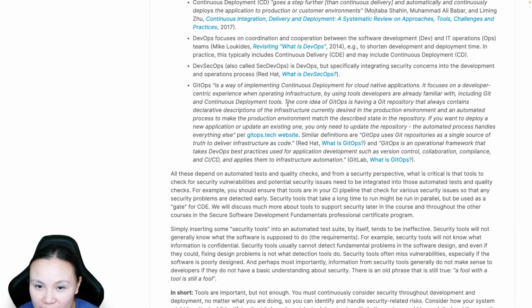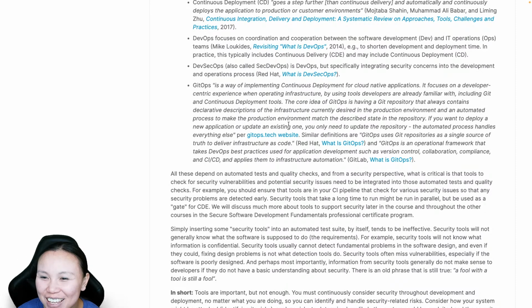GitOps is a way of implementing continuous deployment for cloud native applications, focusing on a developer-centric experience when operating infrastructure by using tools developers are already familiar with, like Git and a continuous deployment tool, maybe GitHub Actions.